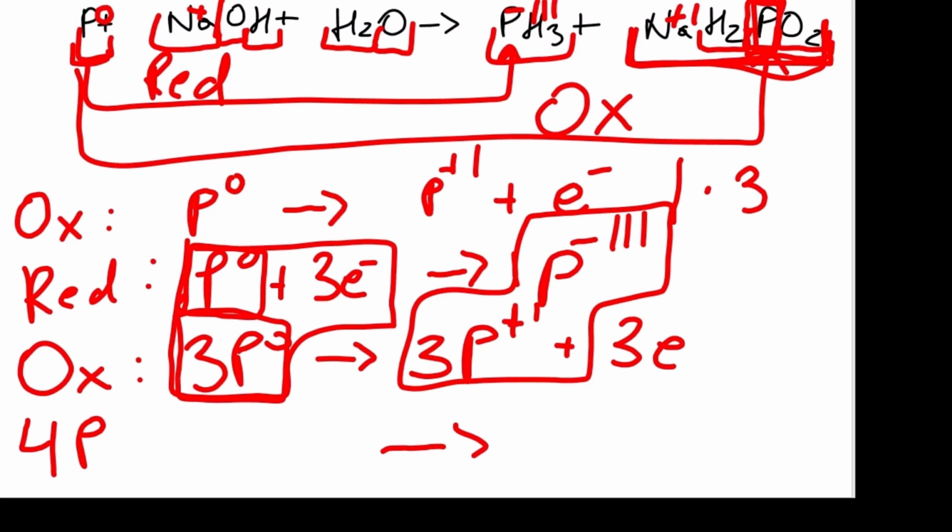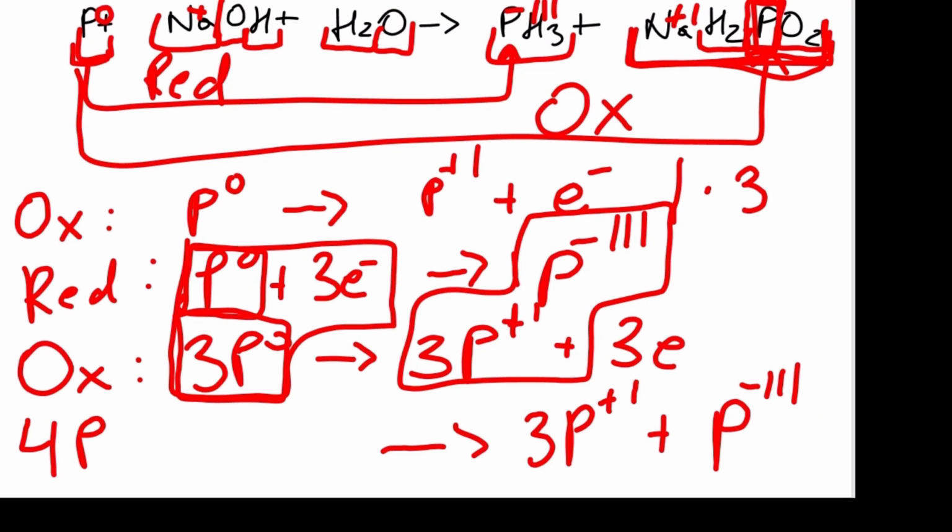Let's look at the right side of the reaction. We have 3 phosphorus atoms with the oxidation state equal to plus 1, and we have 1 phosphorus atom with the oxidation state equal to minus 3.